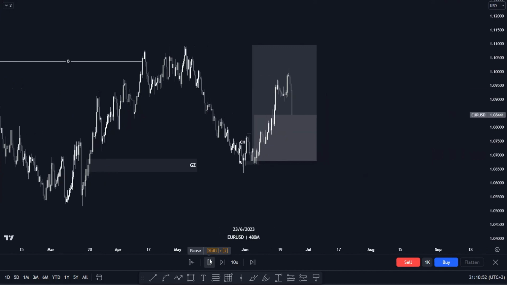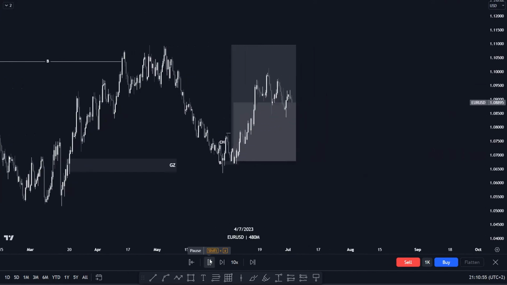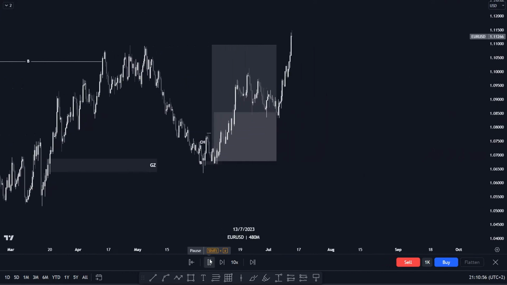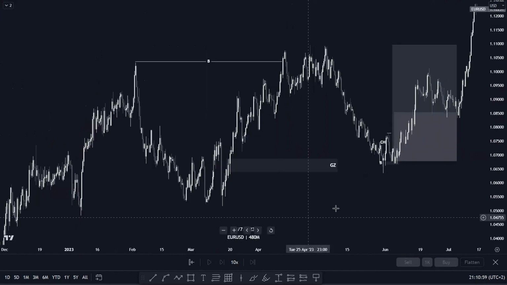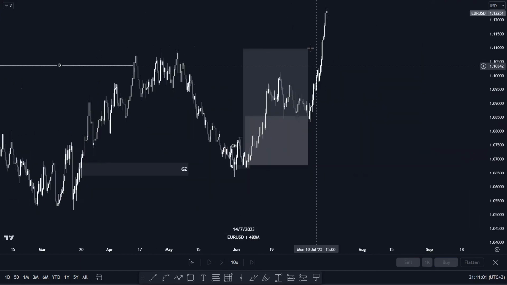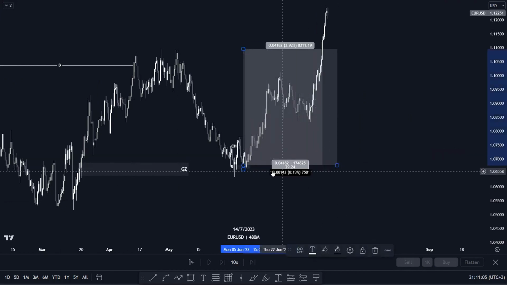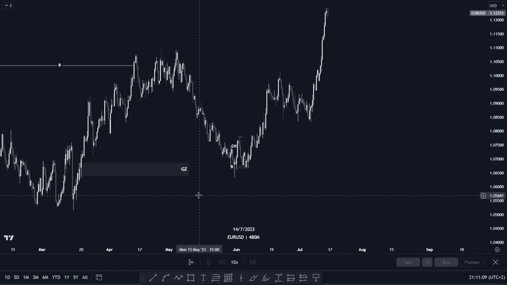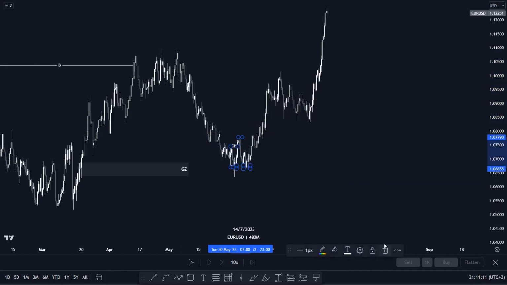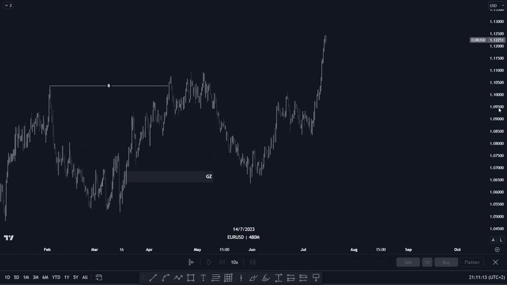As you can see, the price eventually pushes to the upside, taking our take profit. So eventually this is around about a 30-hour trade.